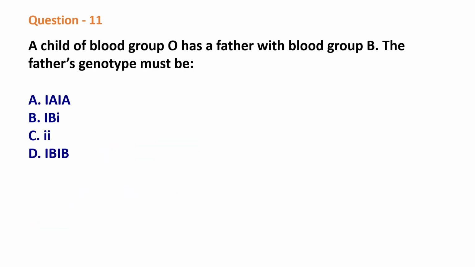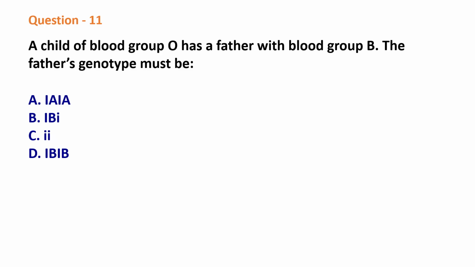Question number 11. A child of blood group O has a father with blood group B. The father's genotype must be. So here the options given are IAIA, IBIB, IBi, and ii.